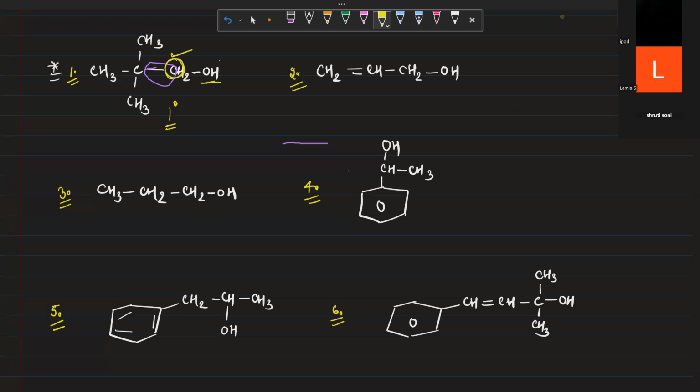How do we identify allylic? A straight chain with double bond. Like a straight, linear chain?